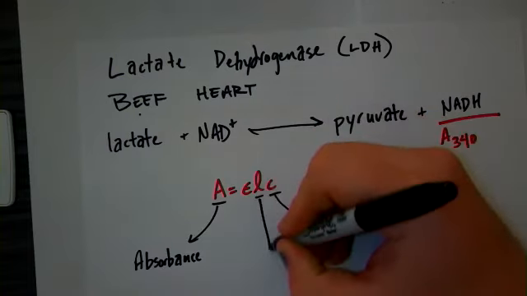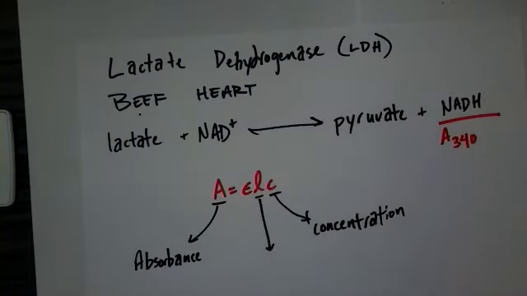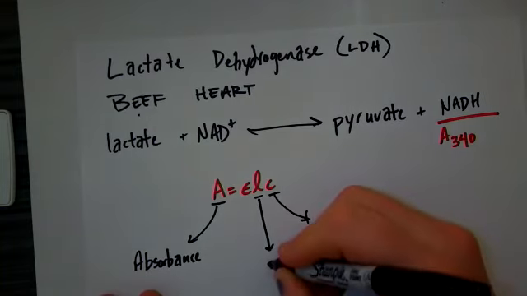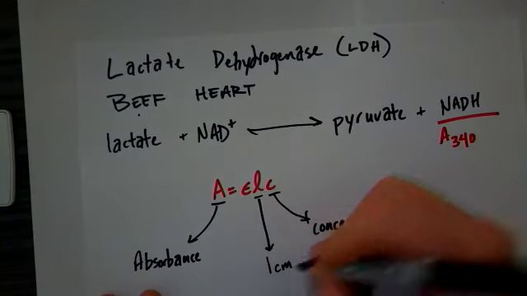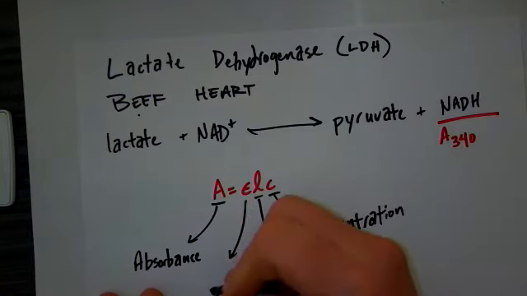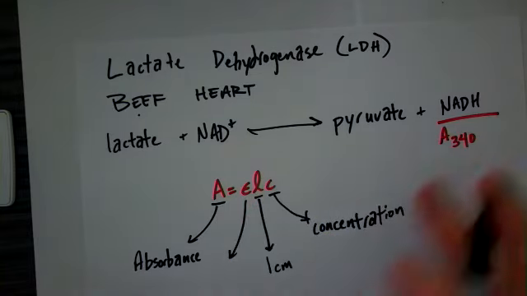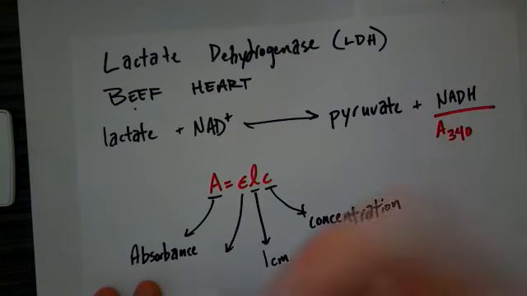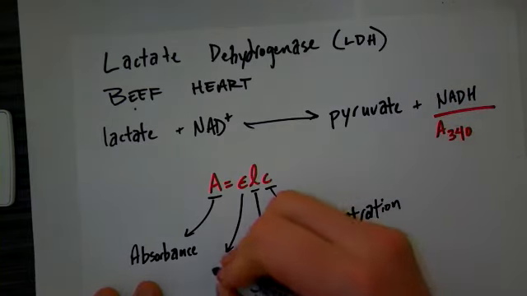L is path length, which I would say 99 times out of 100 is just going to be 1 centimeter. And E or epsilon is, if you did this in organic, your molar absorptivity constant. But as biochemists, we call it the extinction coefficient.